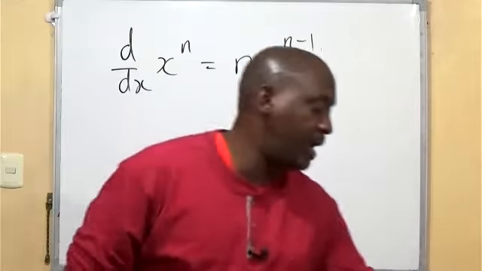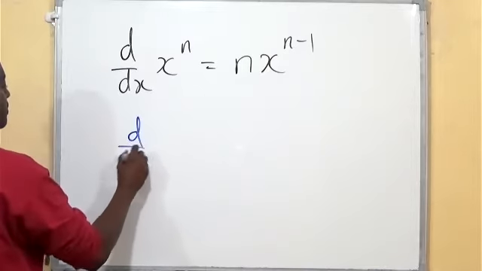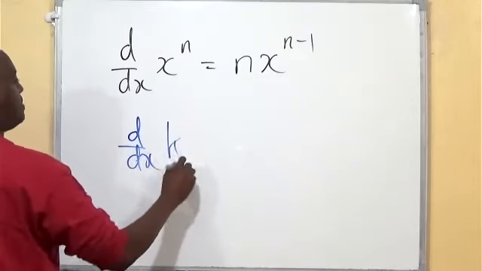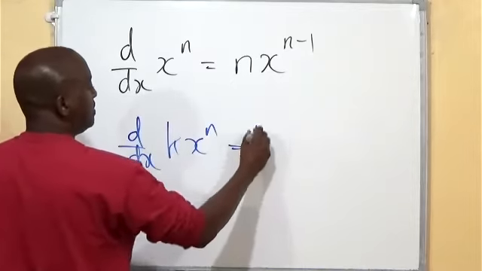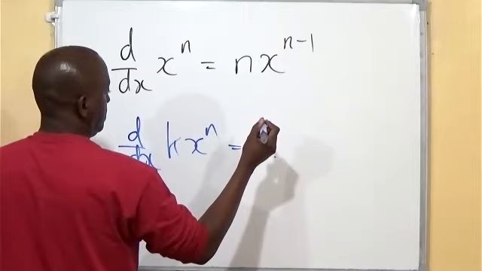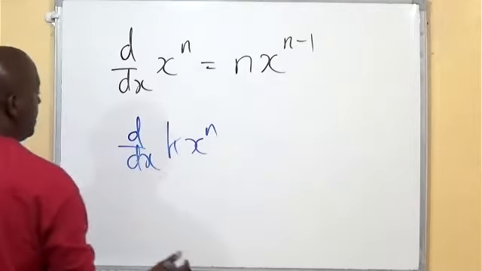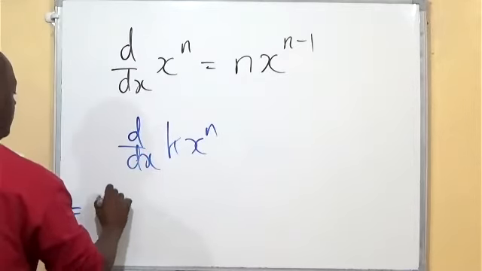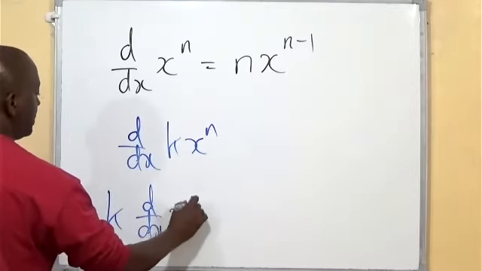To that, though, I want to add that the derivative of a constant by x to the n is equal to the constant by the derivative of x to the power of n.